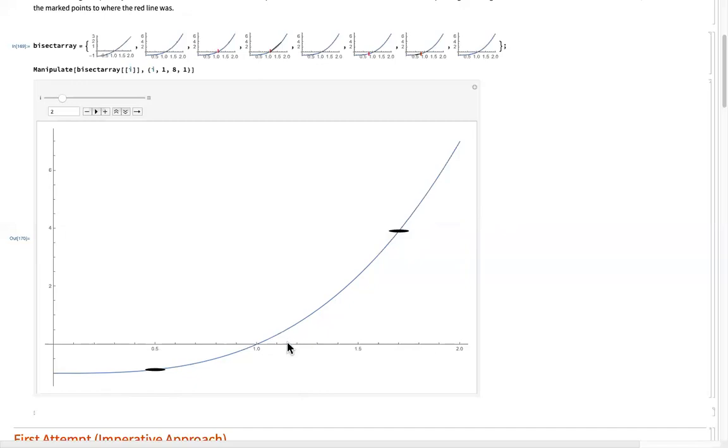If the function is positive at that place, which it will be here, then that means that the lower half must contain the solution, the root, and we can forget about the original upper point and move it down to the midpoint, the bisection value. And then we proceed again, and we bisect again.